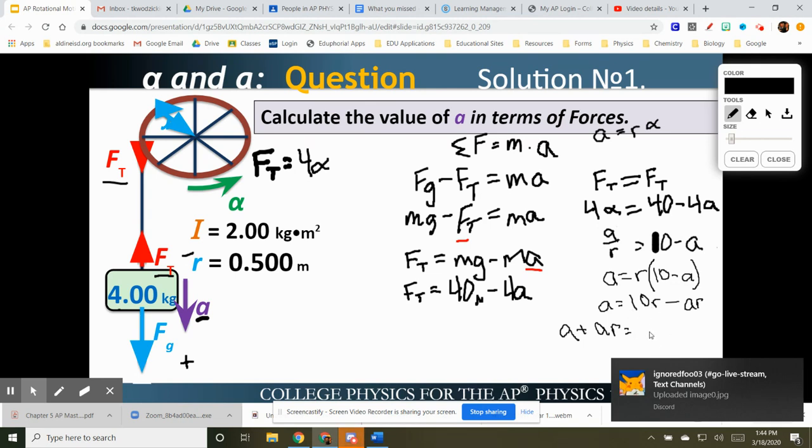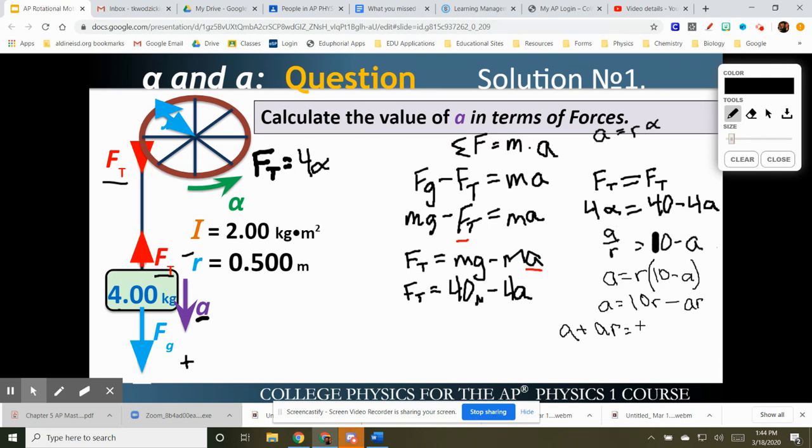I think I'm okay. I don't know. So 10R is just 10 times 0.5. So that's 5, right? So I'm just going to change this to 5. And then what? You distributed the A?